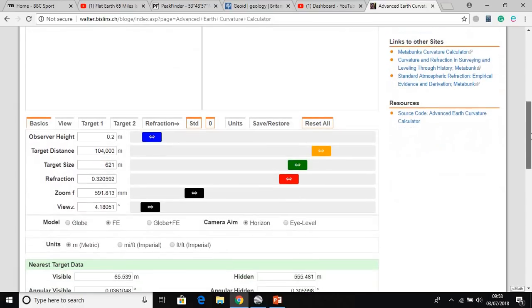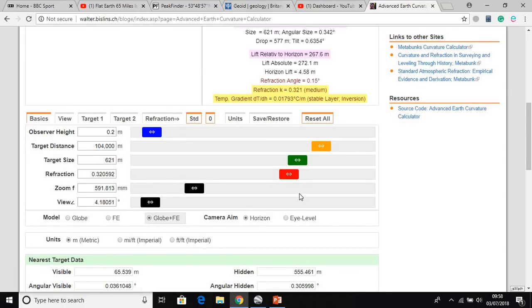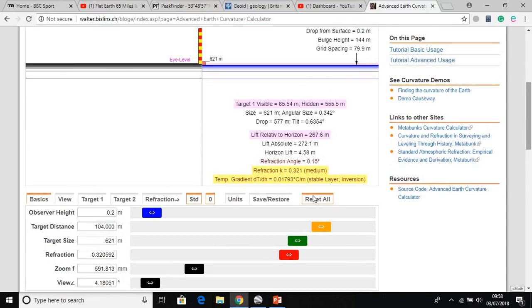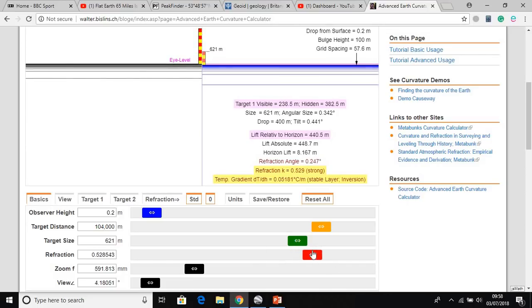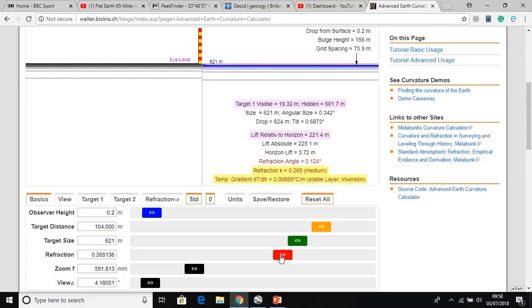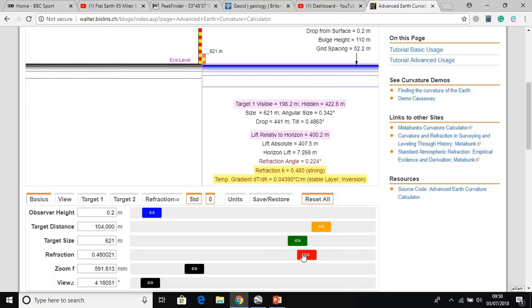And placing the two side by side and trying to imagine that the blocks that we're looking at are the island of the Isle of Man, we can see that a far greater amount of the Isle of Man should be visible. The whole of it should be visible on the flat Earth. And depending on the amount of refraction occurring, more or less of the block or the island should be visible.